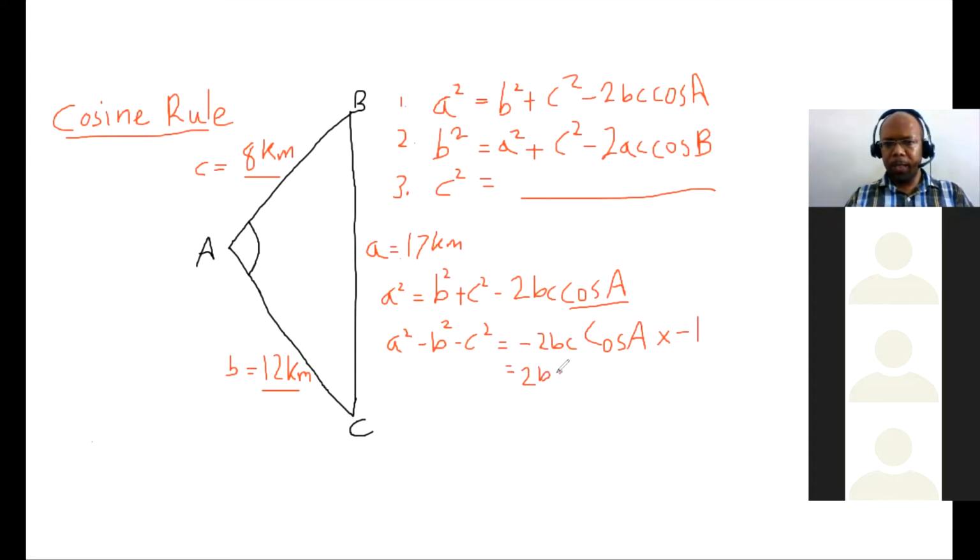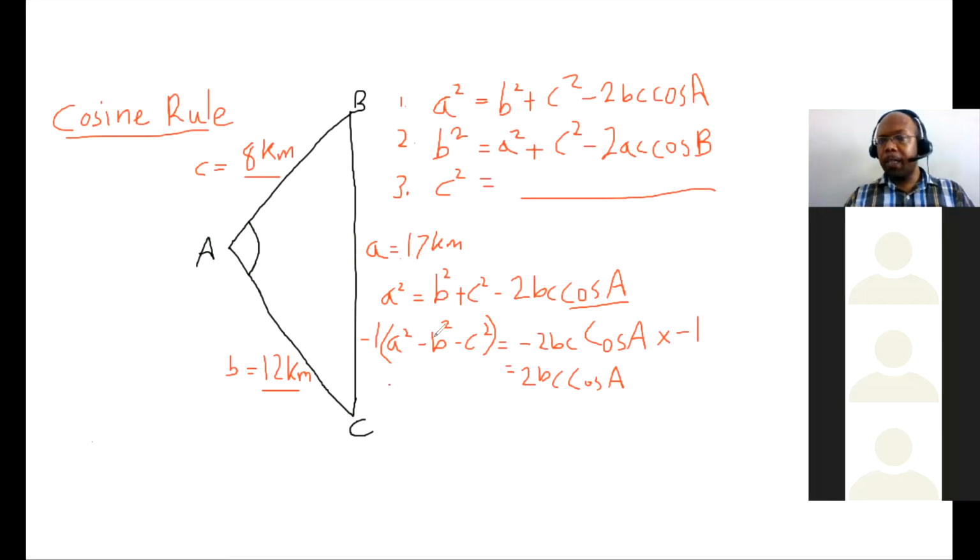So this will become 2bc cosine A. But whatever I do on one side, I have to do on the other side. So I have to multiply each term by -1. Everybody in here got to get multiplied by -1. So this positive A squared is going to become negative A squared.